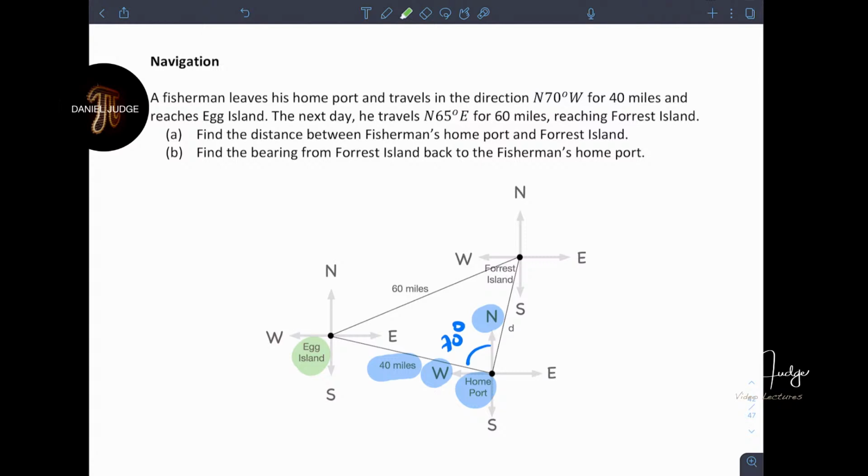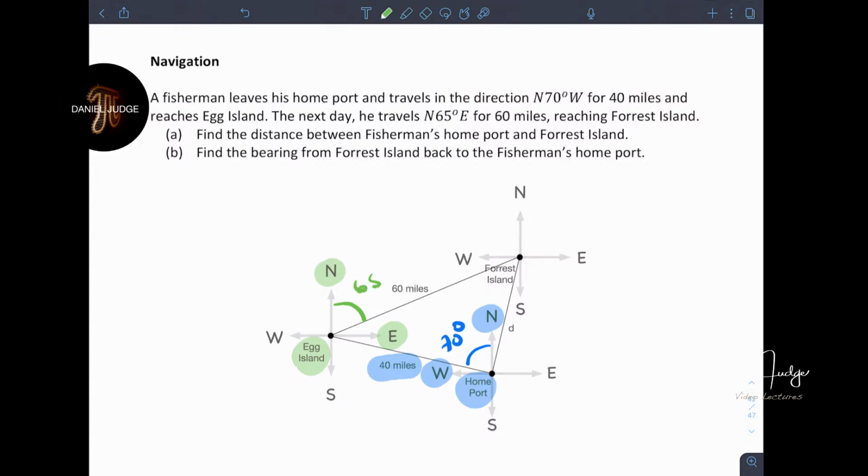The next day travels north 65 degrees east. So let's look at what that is. Travels north, east, and I guess this portion here is 65. So I don't know, maybe we'll change that color.